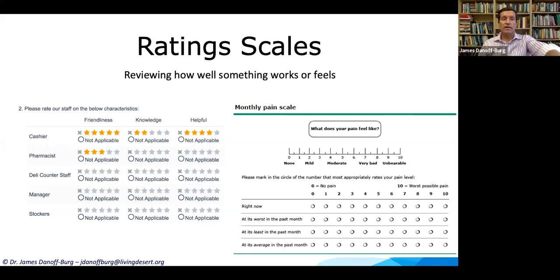But then you also have the empty circle next to not applicable, which someone could click if they didn't interact with the cashier. They could click not applicable under friendliness, knowledge, and helpfulness because they didn't actually buy anything that day. But maybe they did go in to talk to the pharmacist, and so they could rate how friendly, knowledgeable, and helpful the pharmacist was.